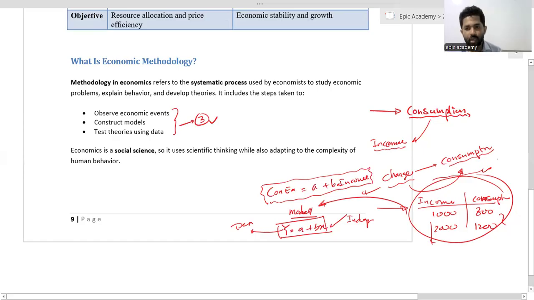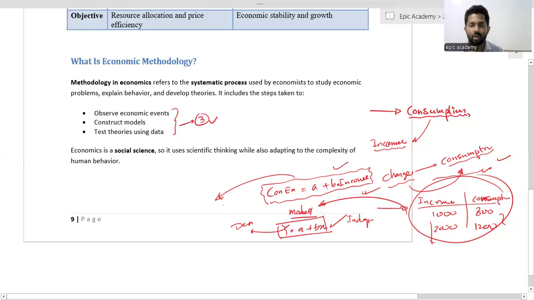You observe the data, create the model, and also test the model using the actual data, whether it is going to be okay or not. Because you have to confirm whether the built model reflects the actual situation or not. That is why you are going to test it. If it is confirmed, then you can use that model in future events also.